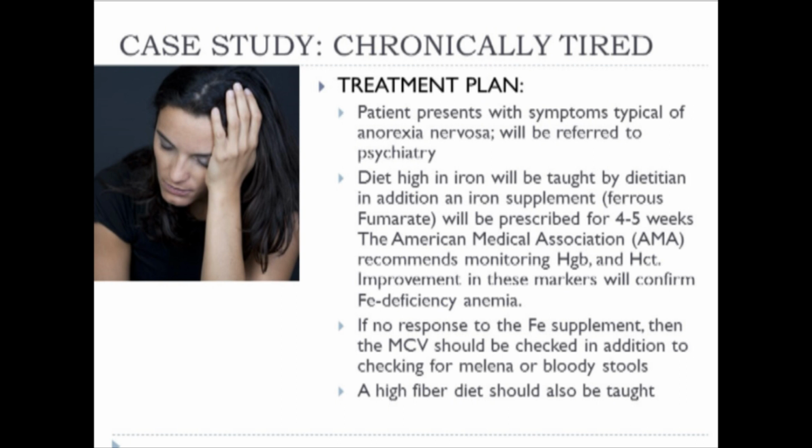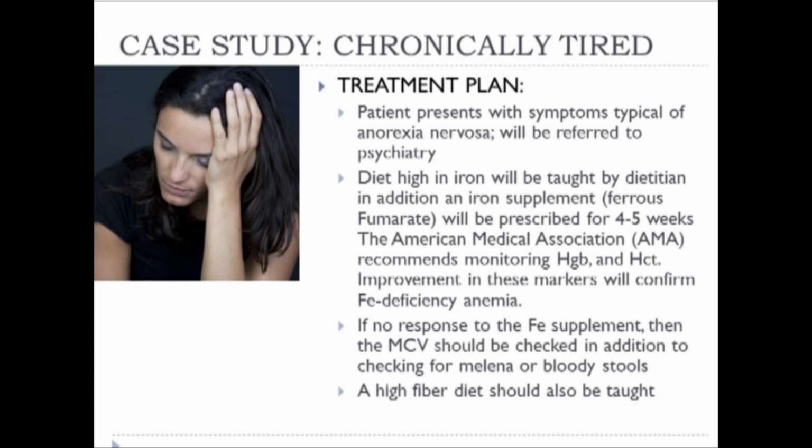So certainly a diet high in iron could be taught to the patient, maybe prescribing supplements, ferrous fumarate, over 4 to 5 weeks. The American Medical Association recommends monitoring hemoglobin and hematocrit along with taking the supplements, and if there is an improvement in the hemoglobin and hematocrit, that basically confirms iron deficiency anemia.